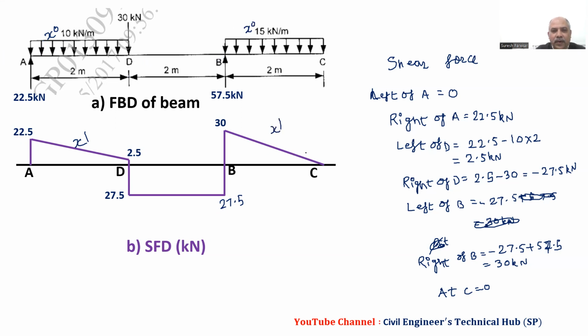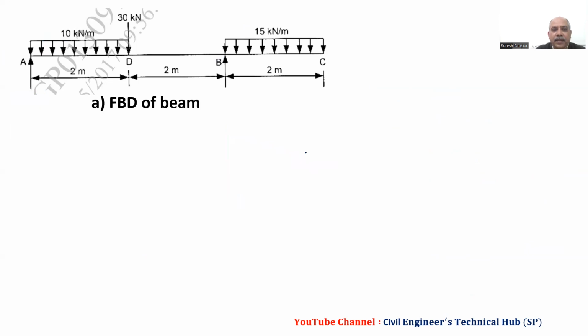Then we have to go to BMD. Then the bending moment we have to plot. So bending moment at A, we have 0.